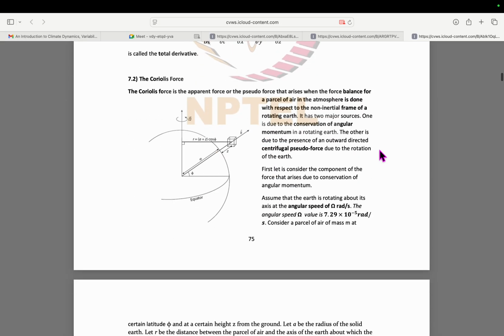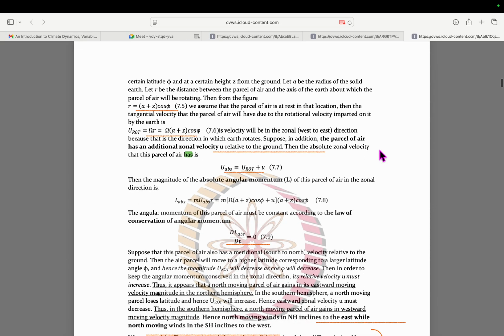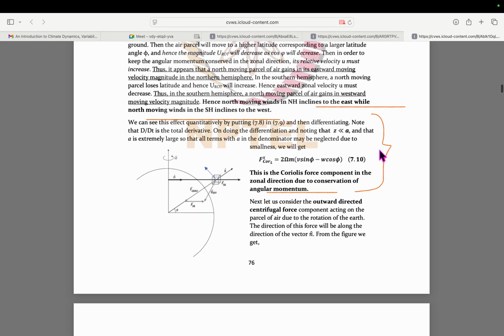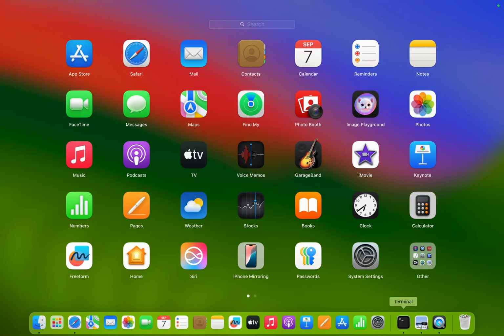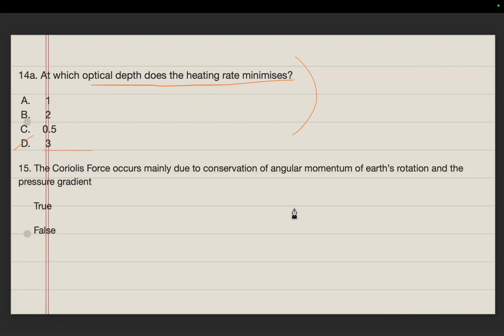We will do the derivation of the Coriolis force in a later class, I guess. I don't have very much image-based knowledge for this Coriolis force derivation now. I will try to describe the Coriolis force in the next class. Is it okay?